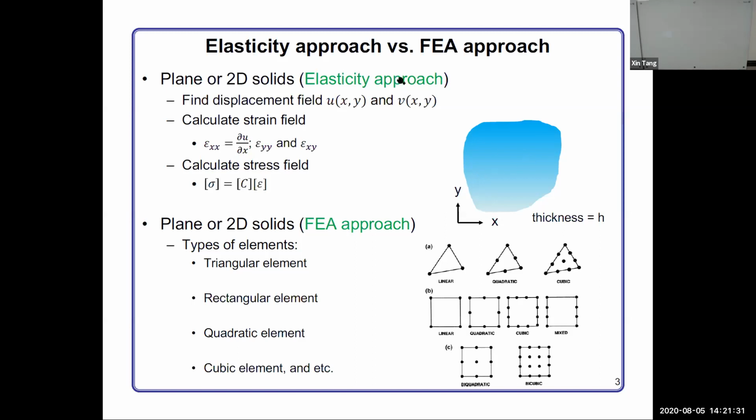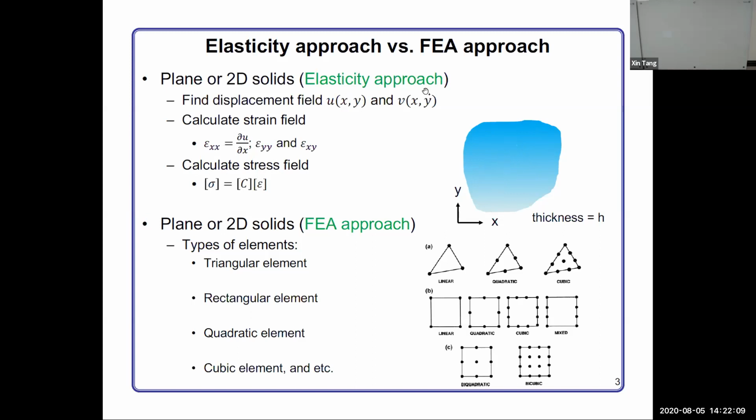So in the elasticity method, what you do is find the continuous displacement field u and v in this solid elastic object, and then do the differentiations to get the strain field, and then combine it with the elastic properties or the constitutive relationship, which is this equation shown here, to obtain the stress field. Then you will get the full mechanical properties of the solid material.